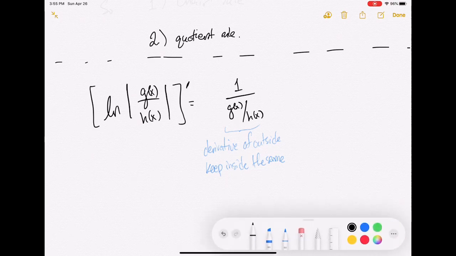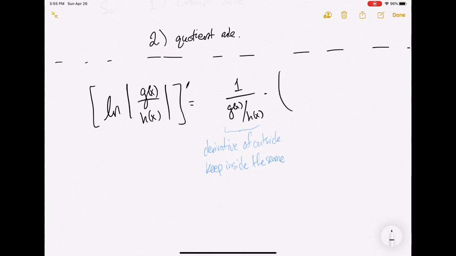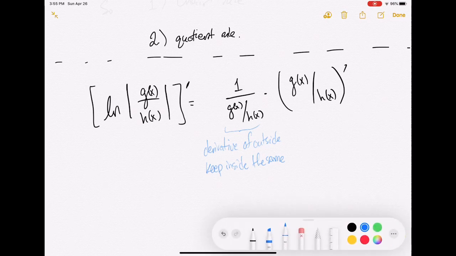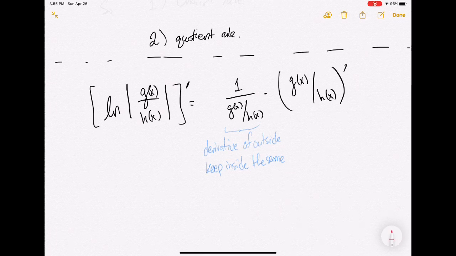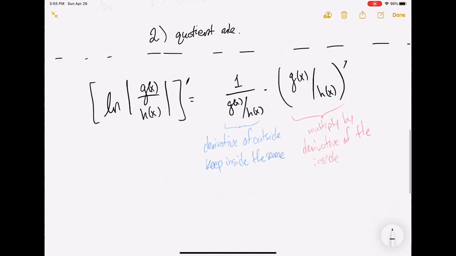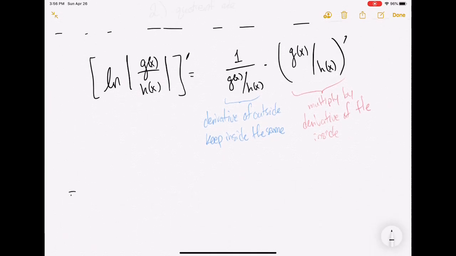And then we multiply by the derivative of the inside, which I'm just going to leave as g of x over h of x prime for now. So this is the derivative of the outside, multiplied by derivative of the inside. And so when we multiply by the derivative of the inside, that's where the chain rule is going to come into play.